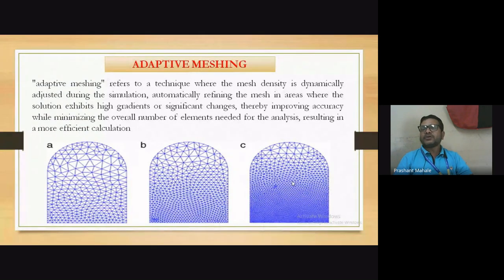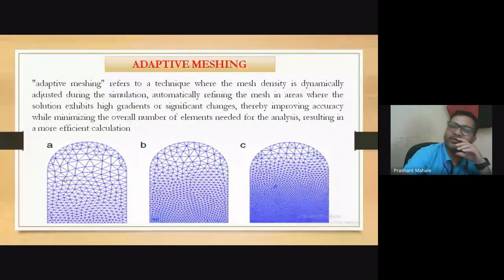It is automatically refining that mesh in areas, as I said. So, for example, I have shown that here in three cases A, B, and C, where the mesh is going finer and finer, density is going on increasing. Can you see one more thing here, that the density of mesh in the A diagram on the upper side and on the lower side is different.